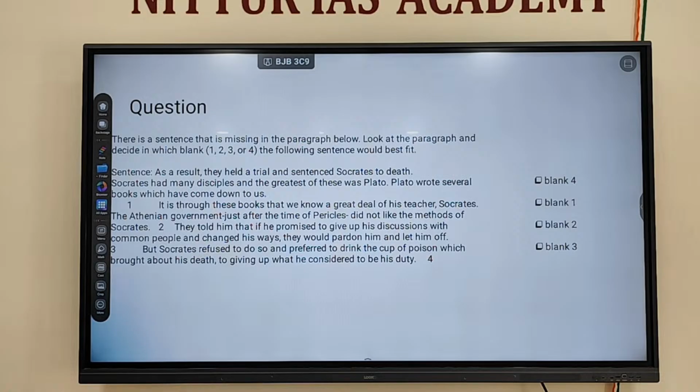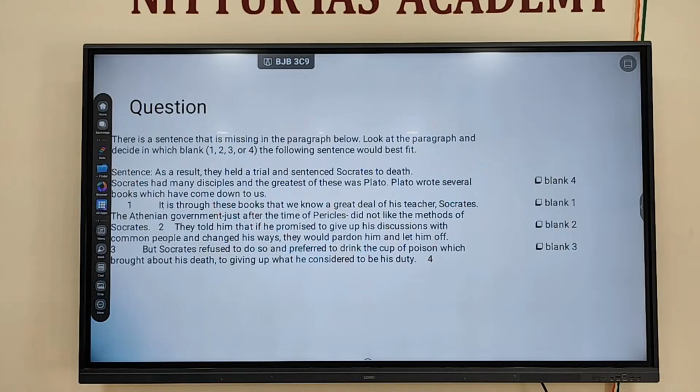They told him that if he promised to give up his discussions with common people and changed his ways, they would pardon him and let him off. But Socrates refused to do so and preferred to drink a cup of poison which brought about his death, and he considered it to be his duty.